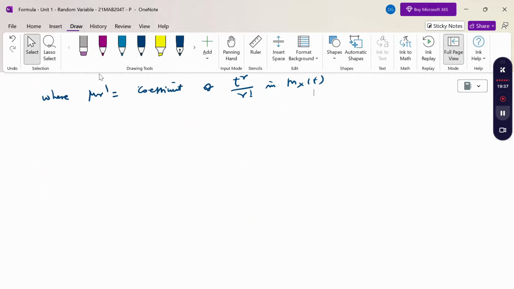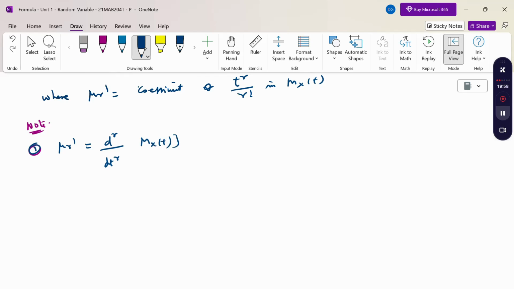And some notes from the moment generating function: mu r dash equal to d power r by dt power r of M x of t, at t equal to 0.